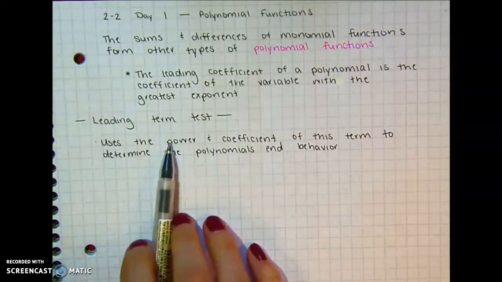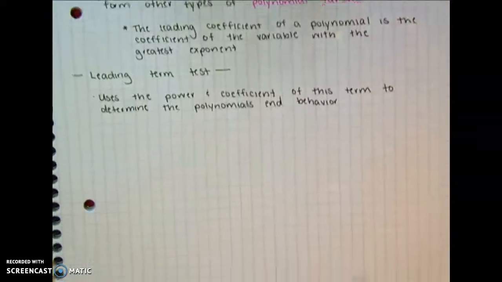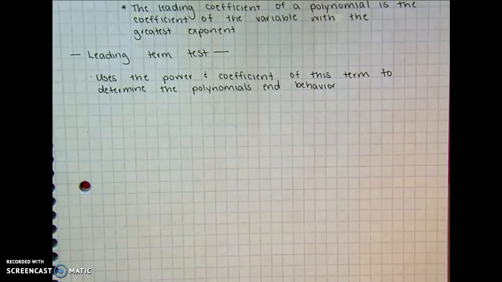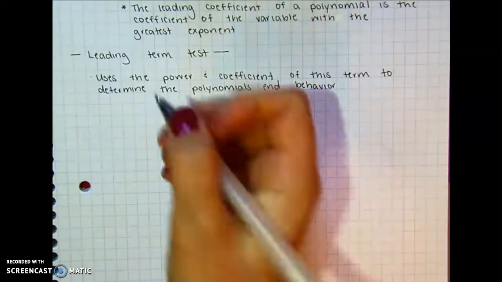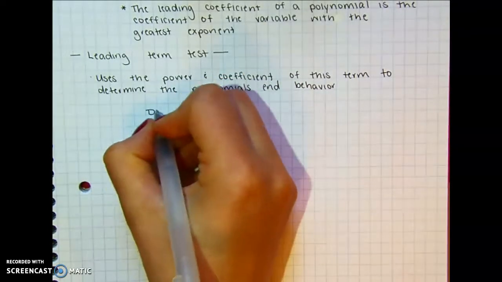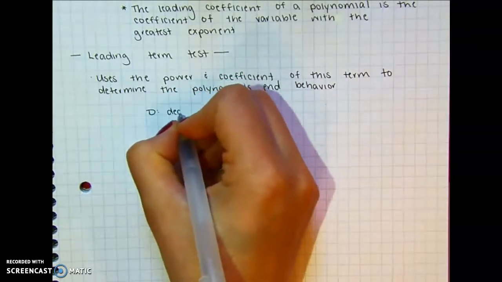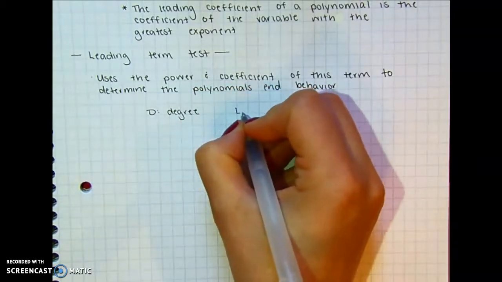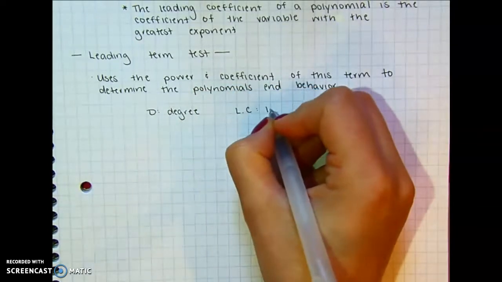So leading term is usually written in the very, very front. That's why it's called the leading term, but sometimes it could be in a mixed up order. Okay, so D is going to represent degree in this example. And then LC is going to be leading coefficient.